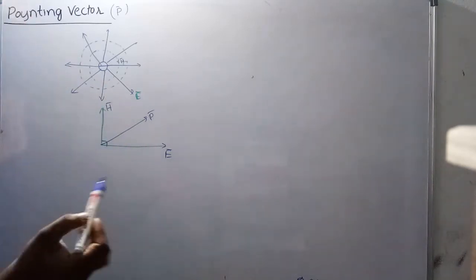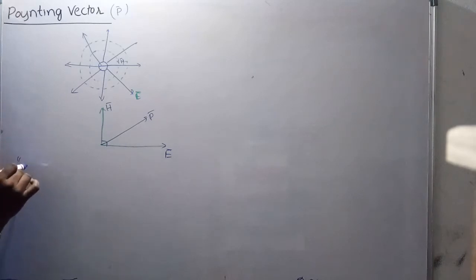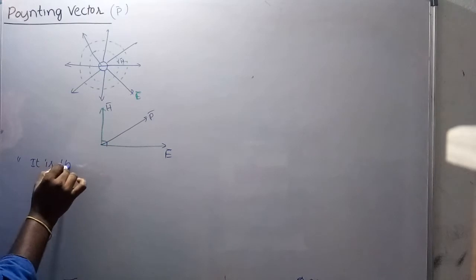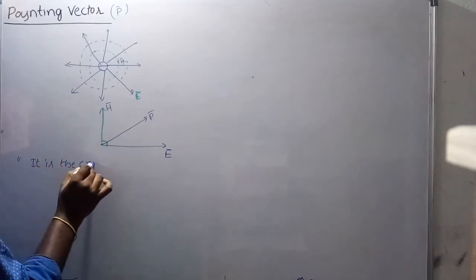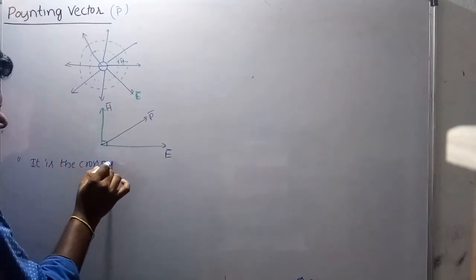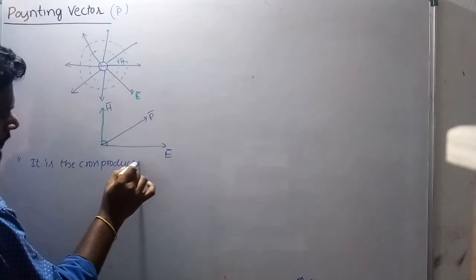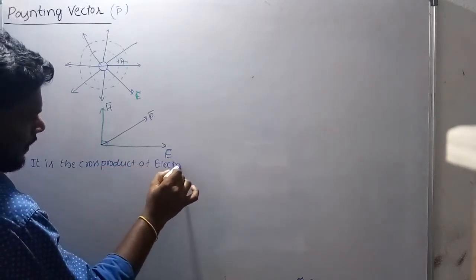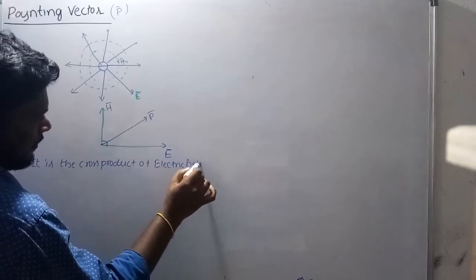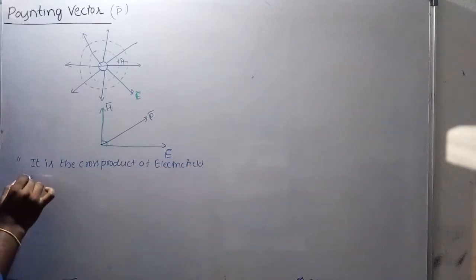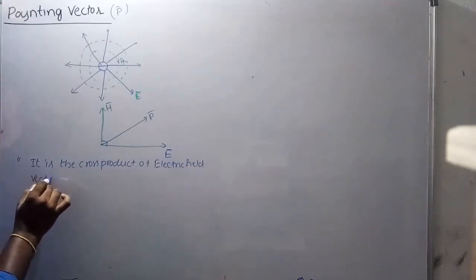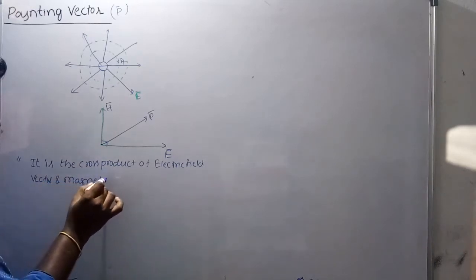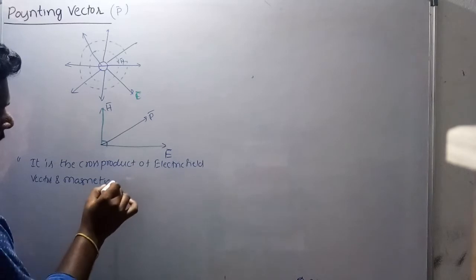So the Poynting vector will be defined like this. Very important: it is the cross product of the electric field vector and the magnetic field vector.